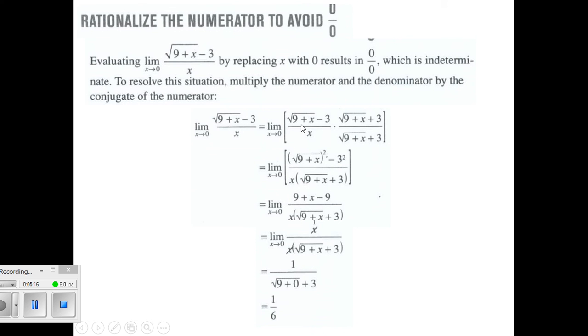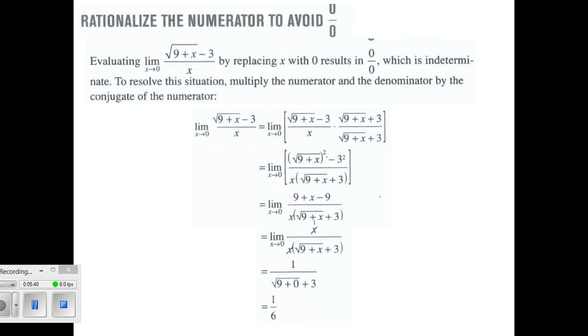So the conjugate here is the radical 9 plus x plus 3 over itself. So in effect, we're multiplying by 1. Multiplying by 1 has no change to the function. It just changes its appearance, which will make evaluating the limit that much easier, okay?